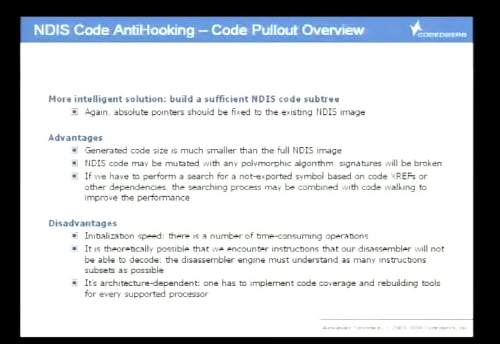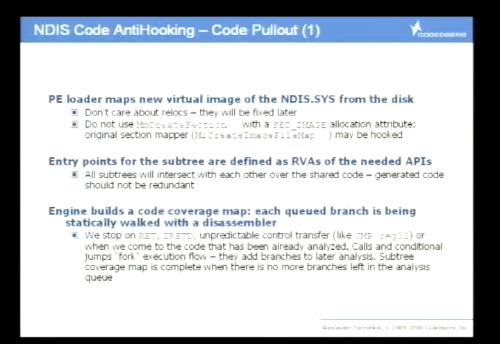So I've talked about advantages and disadvantages, but actually I didn't say anything about the details of this solution. So the next two slides are about the details. To build the code sub-tree, we just need to perform a simple coverage of the code and rebuild the covered code.